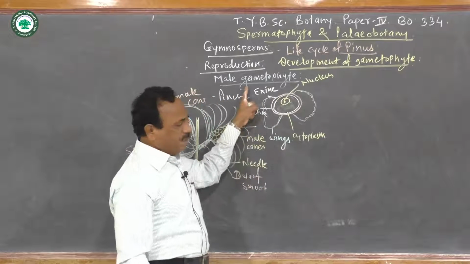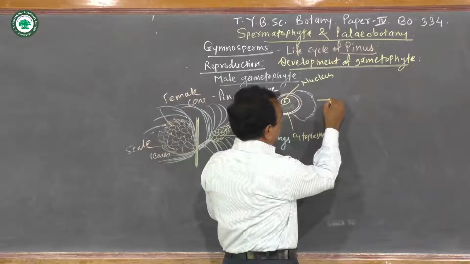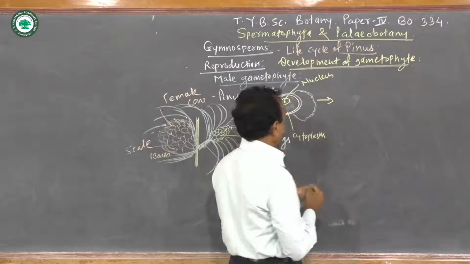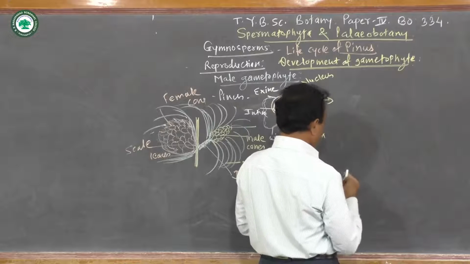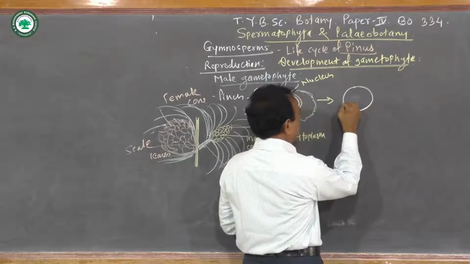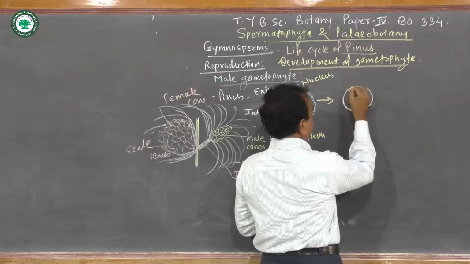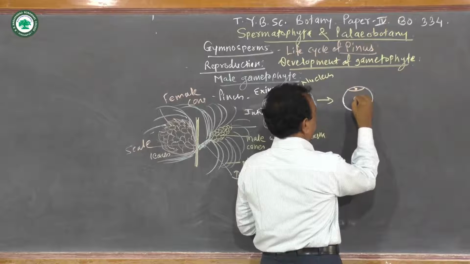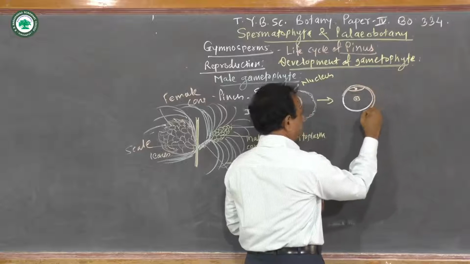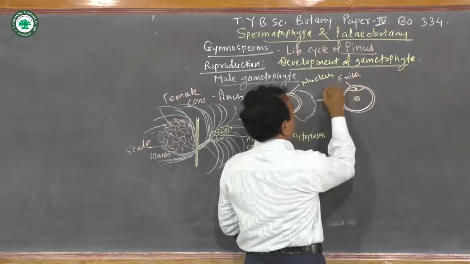When the development of the male gametophyte starts, the nucleus of the microspore or pollen grain starts to divide, and two cells are formed. So this is the exine, this is the entine.